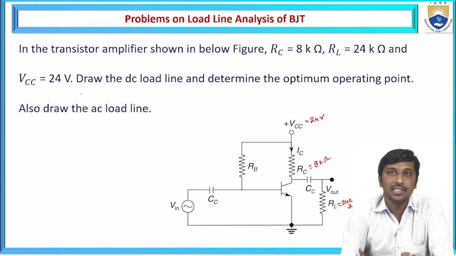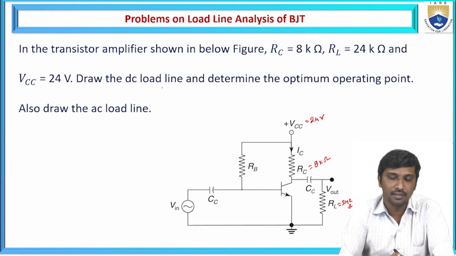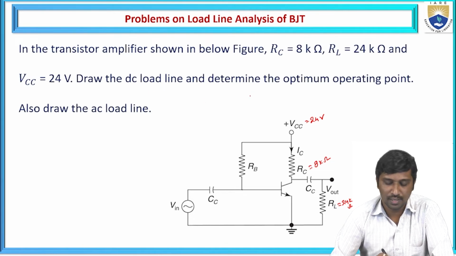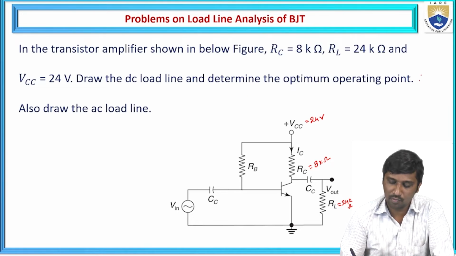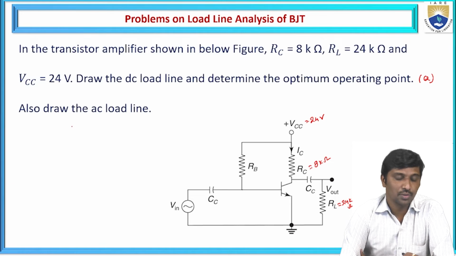For these specifications, we need to draw the DC load line, determine the optimum operating point, meaning the Q point, and also draw the AC load line.